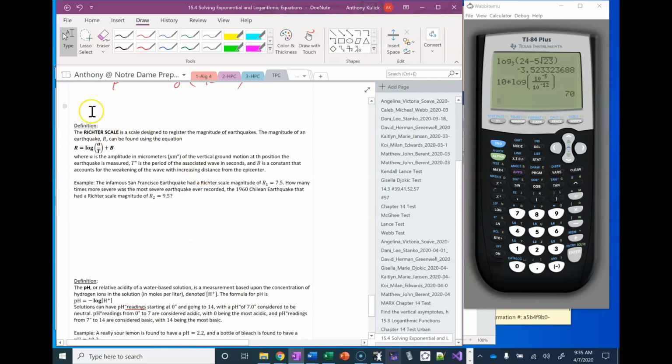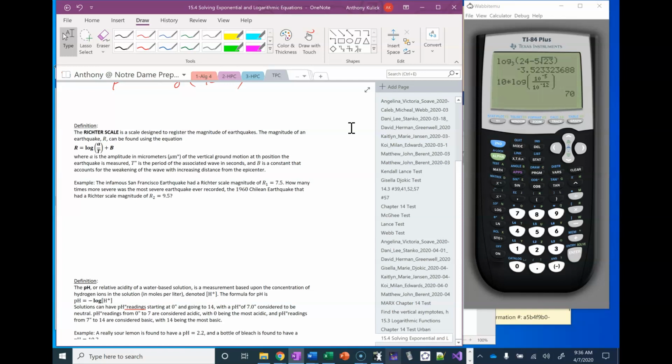The next situation, it says the Richter scale is designed to register the magnitude of earthquakes. The magnitude of an earthquake, R, can be found using the equation log of A over T plus B, where A is the amplitude in micrometers of the vertical ground motion at the position the earthquake is measured.